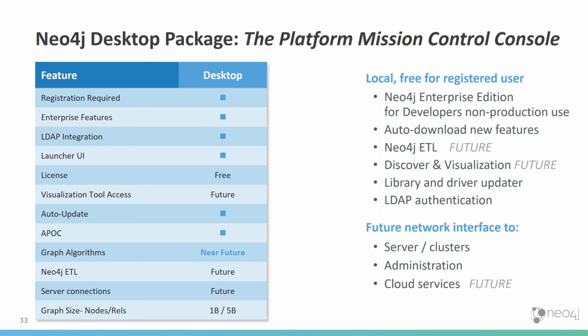So if you need to update the APOC library or your driver libraries, the Neo4j Desktop will grab those directly. If you need to upgrade your JVM, the desktop will fetch that, in addition to offering you the ability to use Neo4j 3.3 Enterprise Edition as your local development tool.